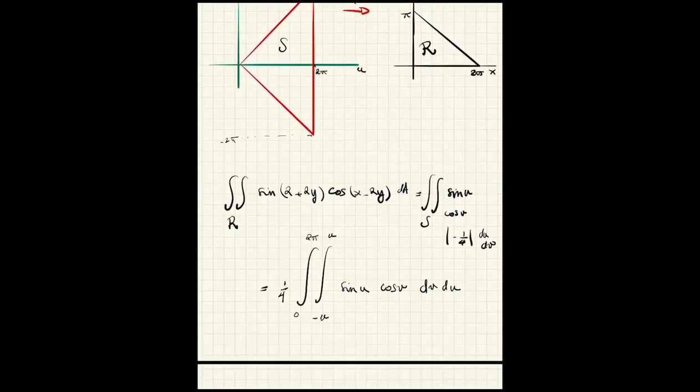Which is equal to, now we can do it, right? It's 1 over 2, the integral over u, the integral over v. Well, this is the integral from 0 to 2 pi of the function 1 minus cos 2u.